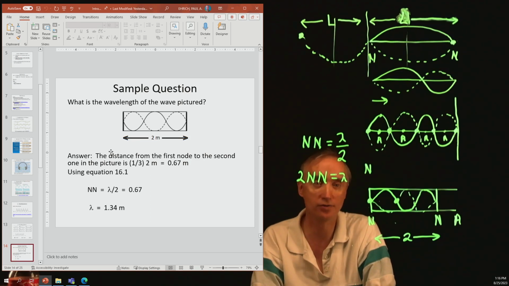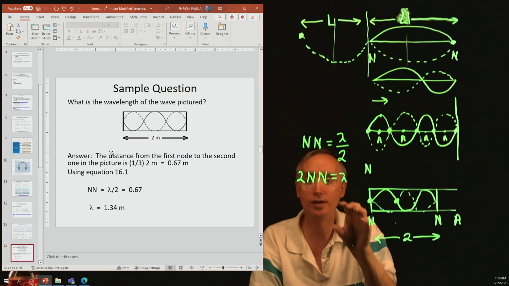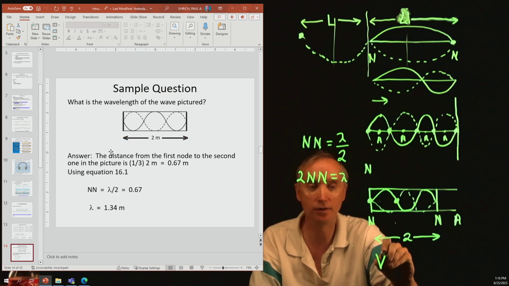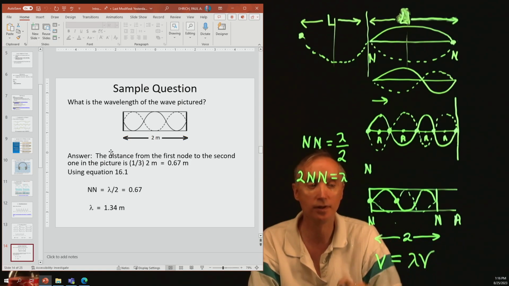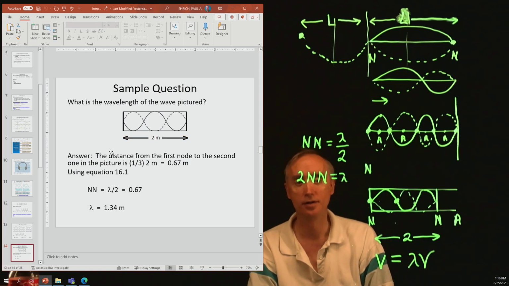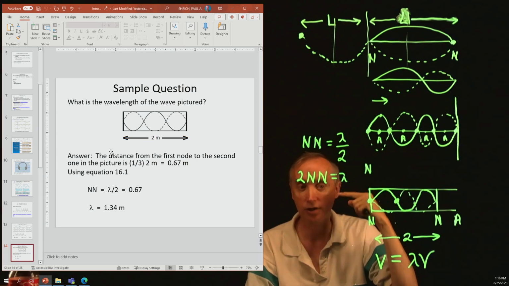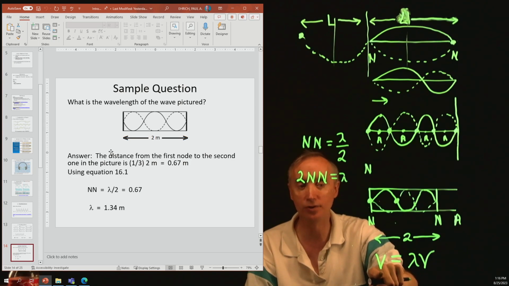Okay, now who cares? Well, now we can take that and turn it into a frequency, because the speed of any wave is going to be equal to its wavelength times its frequency. So if it's sound and you're hearing it, you know what the speed of sound is.